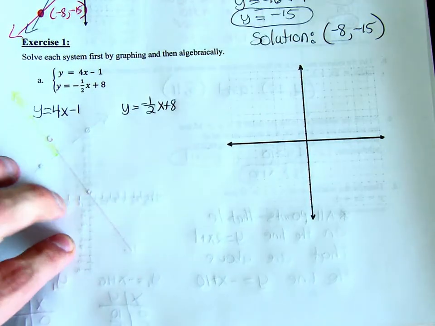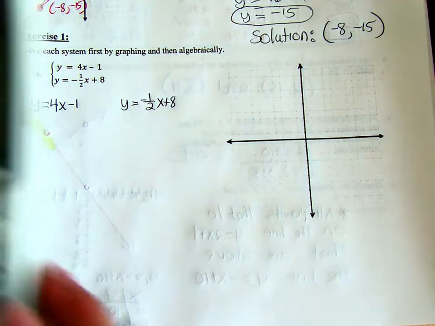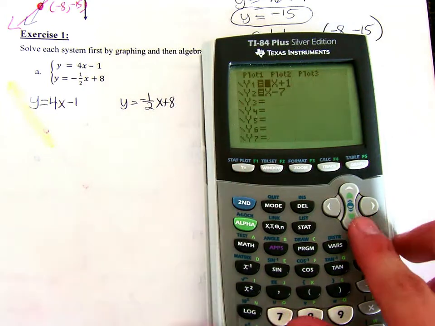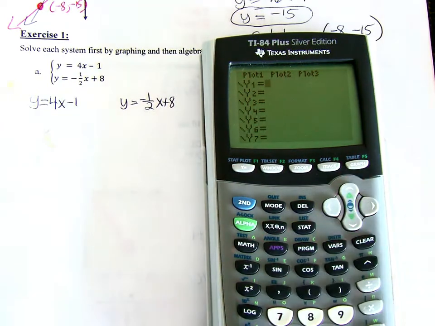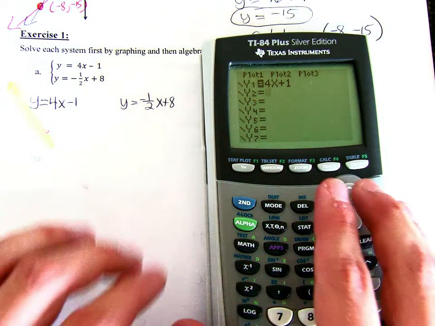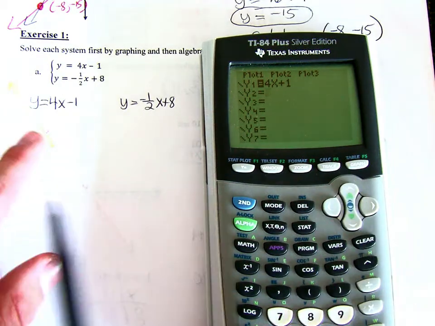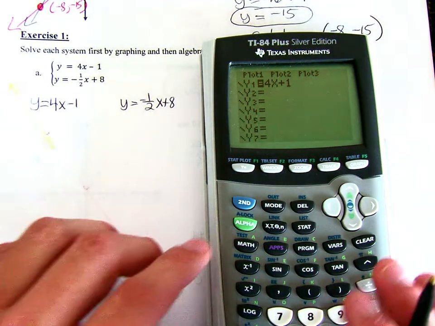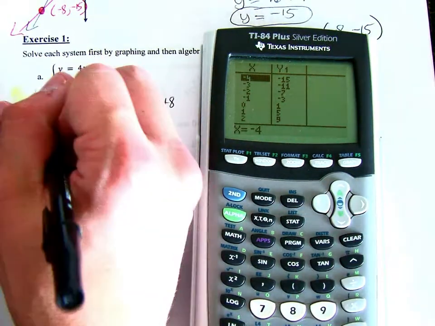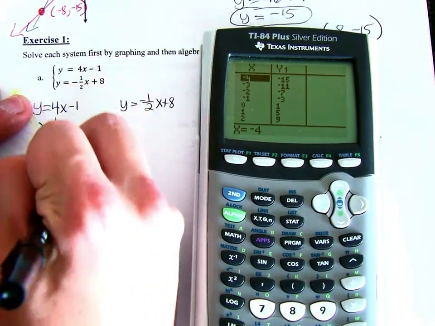So if I have this, I'm going to go into my calculator. I'm going to type in y, clear out everything that's in there. Y is equal to 4x, this is going to be actually 4x minus 1. Hit enter. I want to get a table of values, so I'm going to go to second table. And this gives me my table of values. So I have x, y.